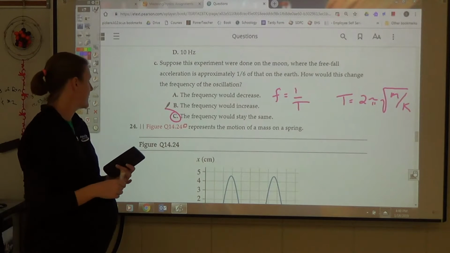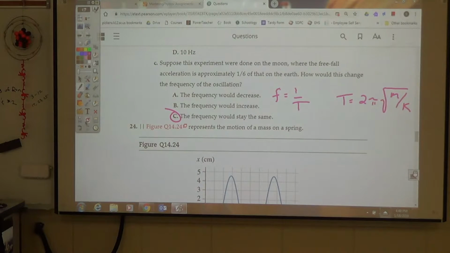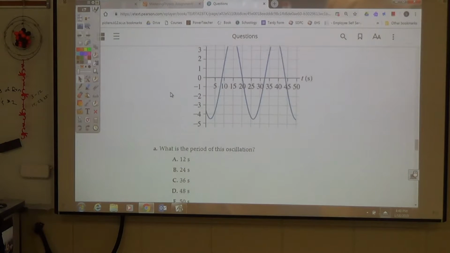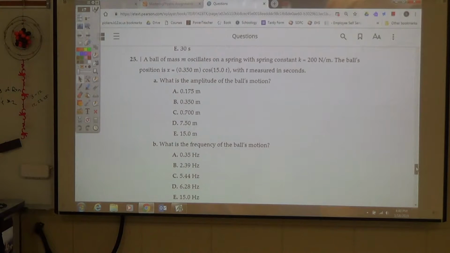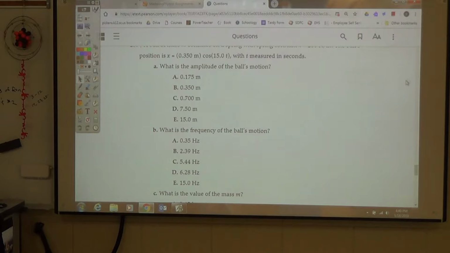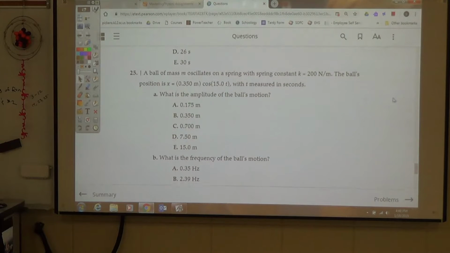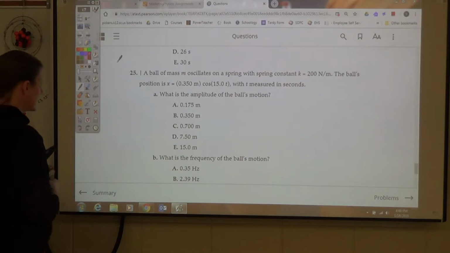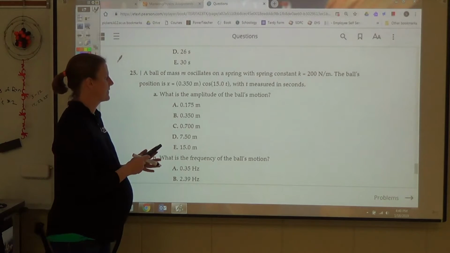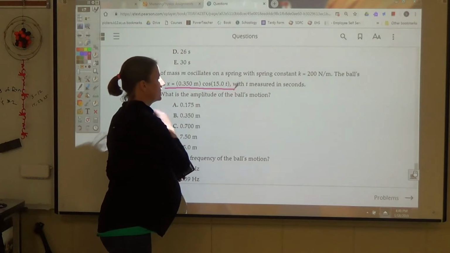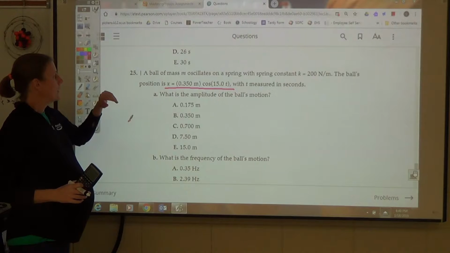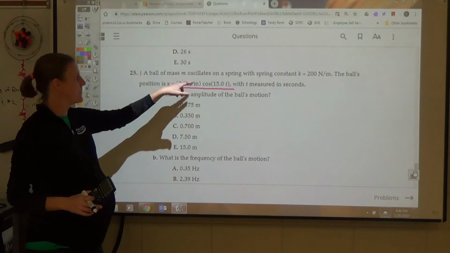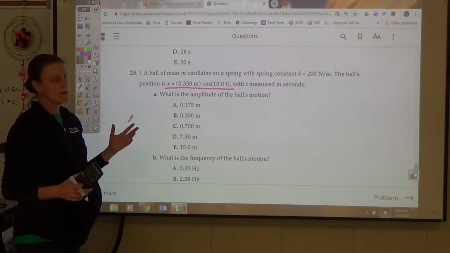Okay, last one, 25. Alright, I like this one just because we haven't really seen one of those equations in the discussion questions here. So this one says, ball of mass m oscillates on a spring with spring constant 200 newtons per meter.